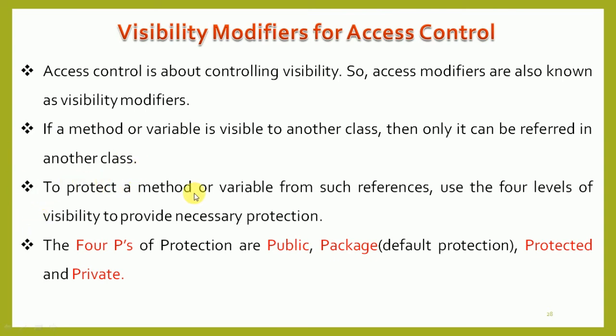To protect a method or variables from such references, use the four levels of visibility to provide the necessary protection. The four levels are public, package, which is the default protection, protected, and private.